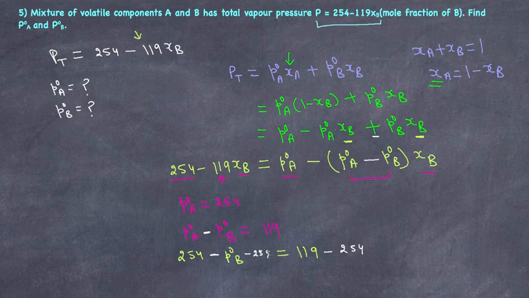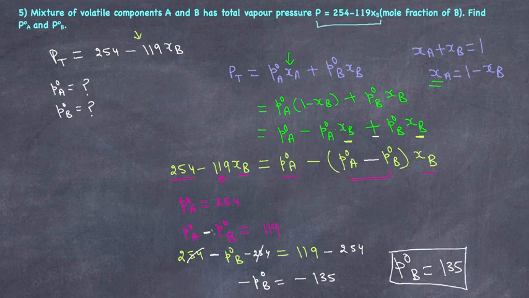So this is a negative 254, this is positive, will cancel out, and we're left with a negative P naught B is equal to negative, and if we subtract 254 from 119 gives me 135, multiply by negative 1 on both sides gives me P naught B equal to 135, and we have P naught A over here. So we found both the unknowns, P naught A and P naught B.